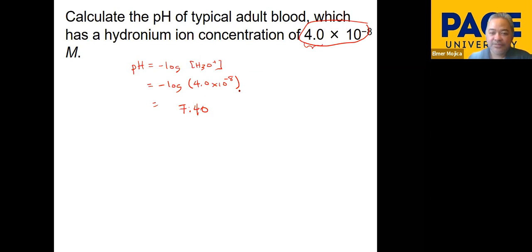Because I might give the choices here in the multiple choice like this. So, which do you think is the correct answer here?